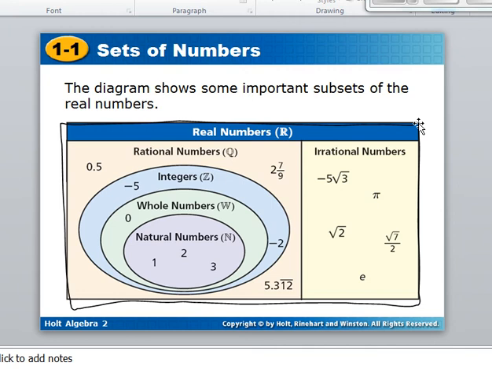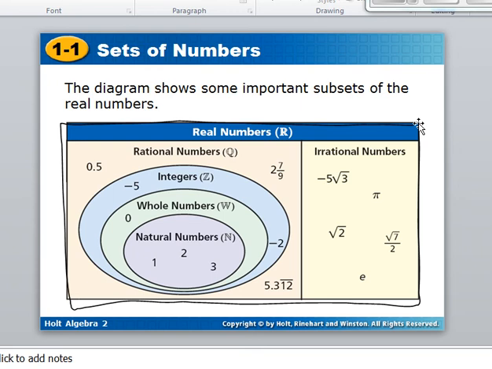The part that sets them aside from irrational numbers is that when you get the decimal version of the rational number, it either stops, like 0.5, or it repeats, like 5.312 with the line over the top, which says it goes 1, 2, 1, 2, 1, 2, and so on. So 1/3, which is 0.33333, would be a rational number. It's written as a fraction. That fraction continues and repeats.